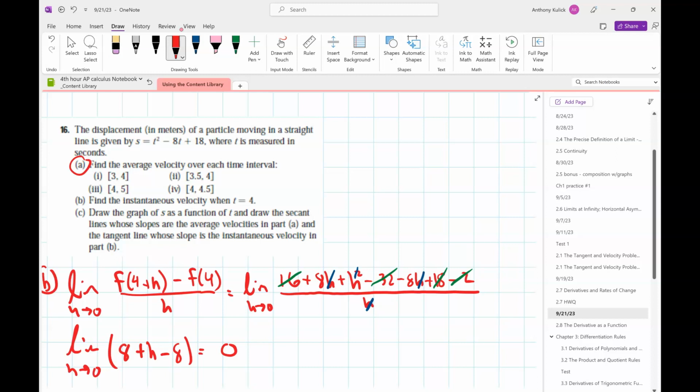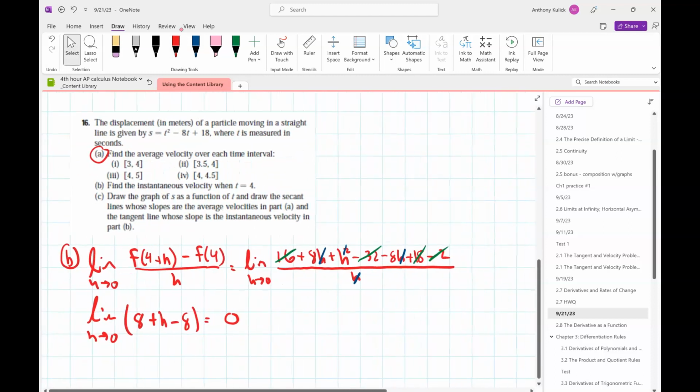Is that the right answer? I guess this wasn't an odd for us to check. A little surprised by that result. I mean, it's certainly possible. I just want to double check my answer real quick before we move on and act like everything's honky-dory. Okay, so that should be 0. That's good. The velocity after 4 seconds is 0.